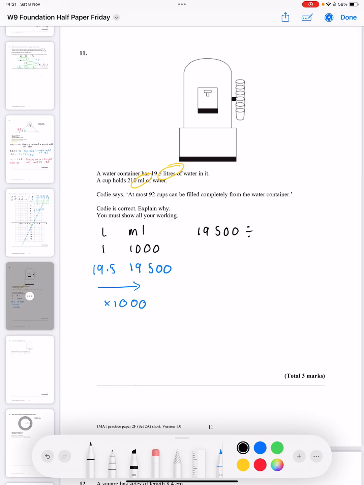So I'm going to divide using the calculator. That gives me 92.857142. And that shows me that I've got 92 full cups and some left over.